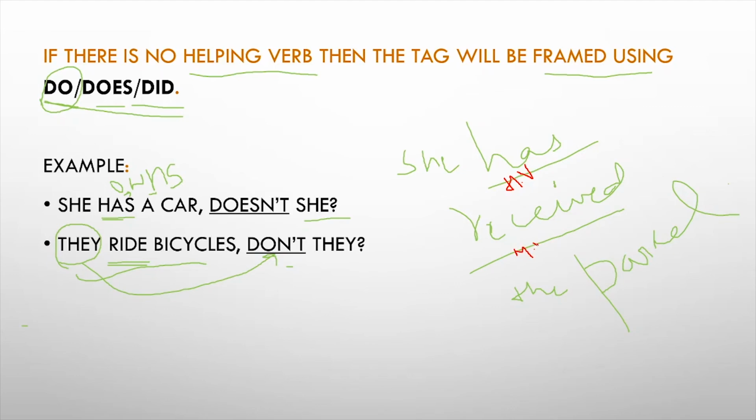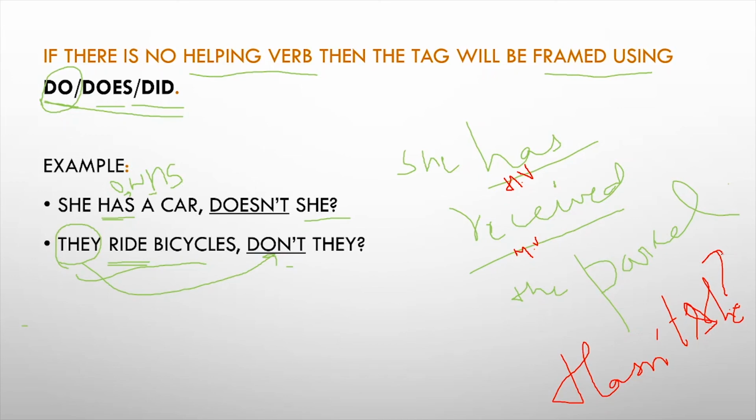Now I can use has in the tag. Since this is a positive sentence, the tag will be negative, and the tag will be hasn't she. She has received the parcel, hasn't she? And then a question mark, definitely.